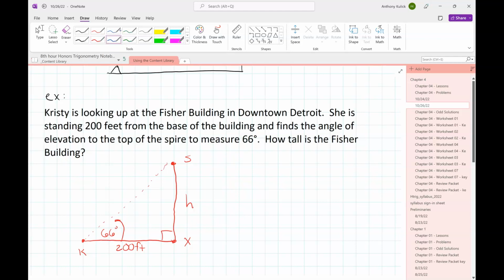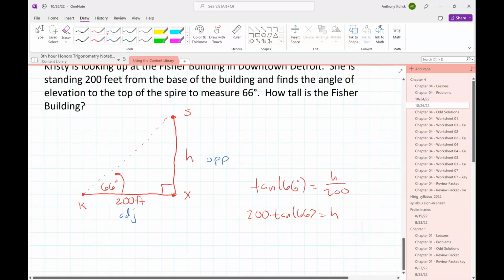Great, yeah. So relative to the 66 degrees, I notice that I'm looking for opposite and I know adjacent, so tangent sounds like a winner there. To get h by itself, what do I do? Multiply both sides by 200. When I go to type this into my calculator, what do I have to be careful about?